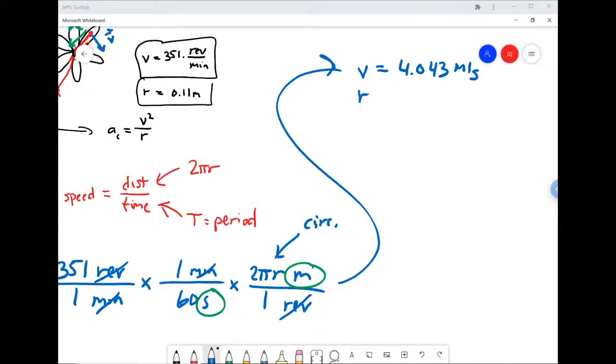Okay, so now I have V, I have R, I can find A. Just square that and divide by R.